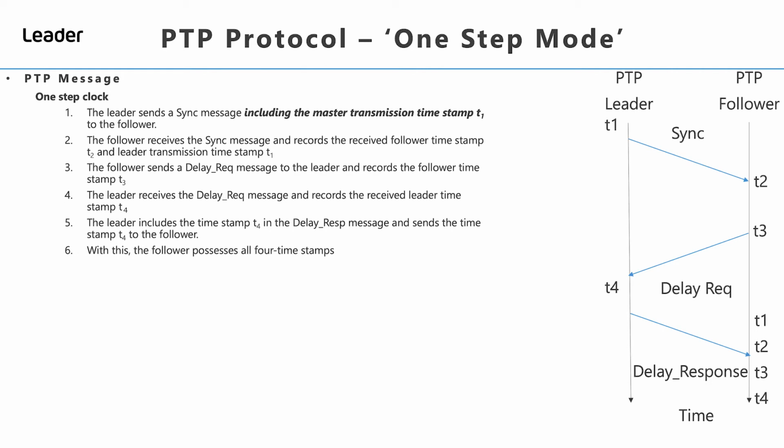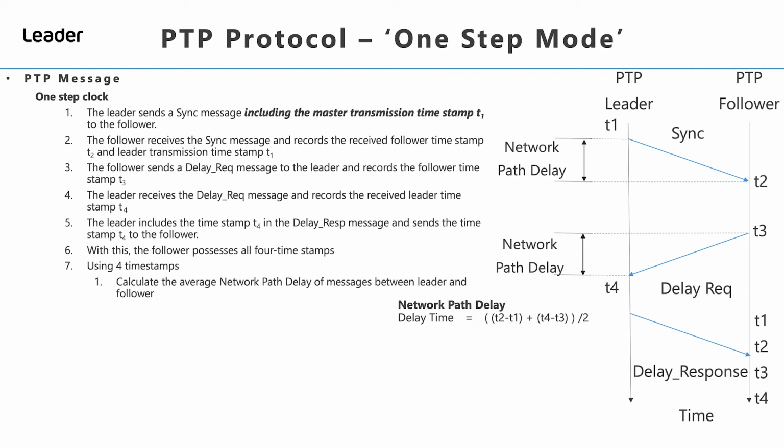With this, the follower possesses all 4 timestamps, and by using them we can calculate the average network path delay of a message between the leader and the follower. We can also calculate the offset of the follower clock from the leader.